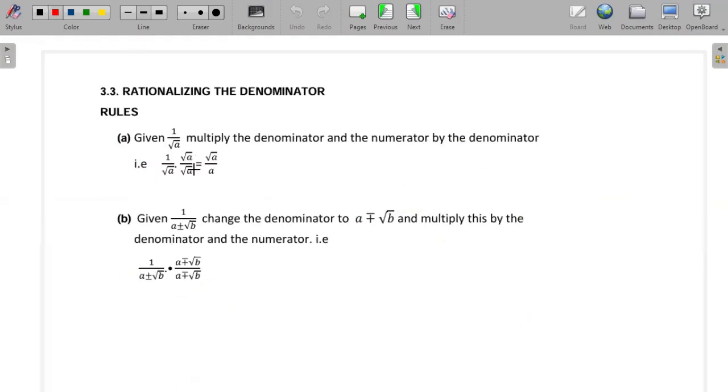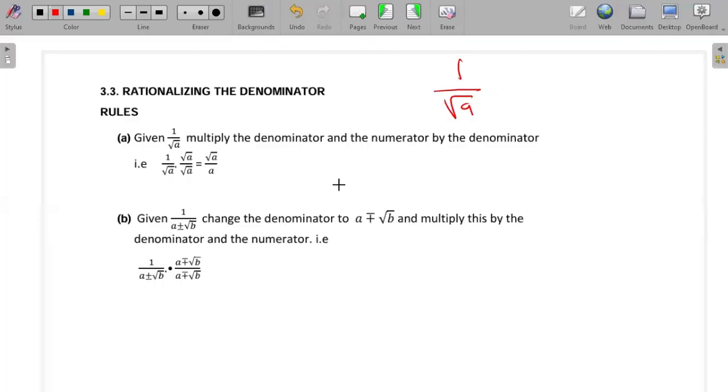Now, the reason why we're learning all these radicals is that we come and apply them to what we are calling now rationalization. And in rationalizing, we will be rationalizing the denominator and the numerator, but we start with the denominator here and we look at questions. So now the simple rule is if I have 1 over root A, the way I am going to rationalize this is multiplying by the root of A in both.